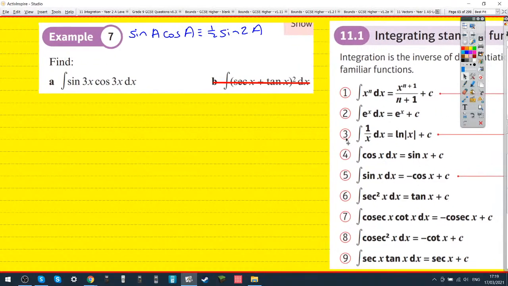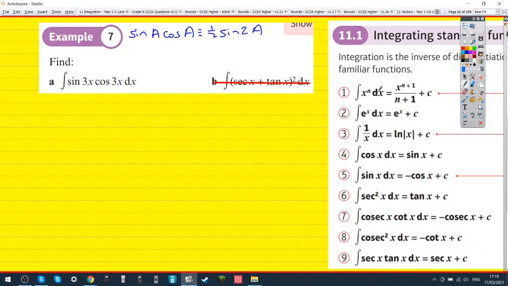Okay, so sine 3x will become minus 3 cos x, and then minus cos 3x. No. Sine 3x is a function. Cos 3x is a function.